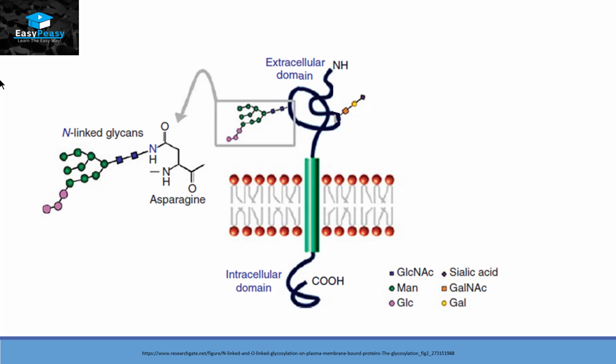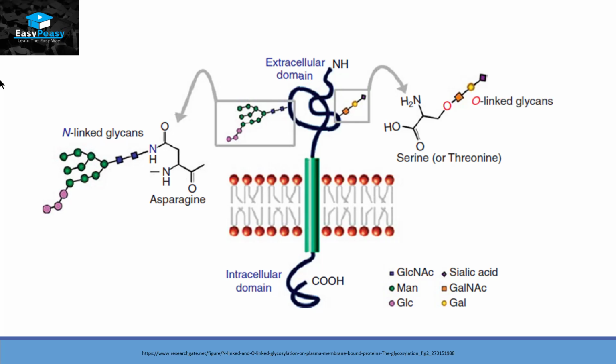And if this oligosaccharide is going to attach itself with serine or threonine, then this type of attachment is called O-linked glycans. As you can see, the OH of serine and threonine is directly attached with glycans here.